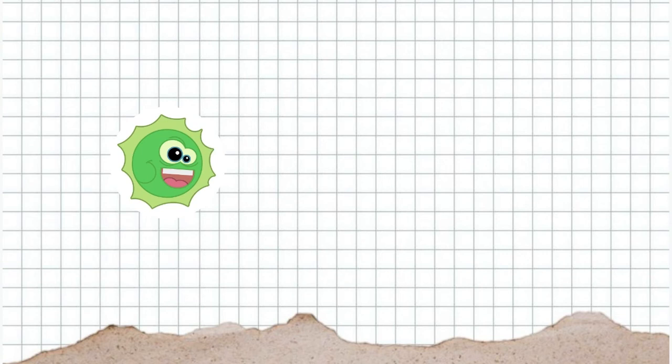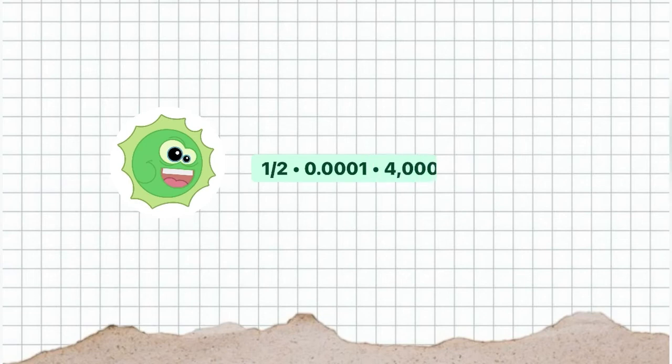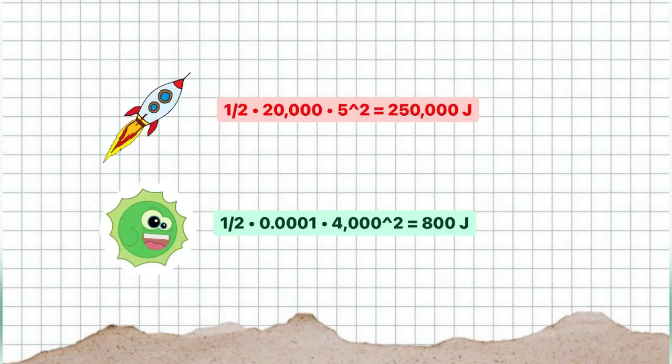Similarly, we multiply half times 0.0001 times 4,000 squared to get 800 joules for the particle. So, even if that particle was going far faster than the rocket, it had less kinetic energy due to its smaller mass.